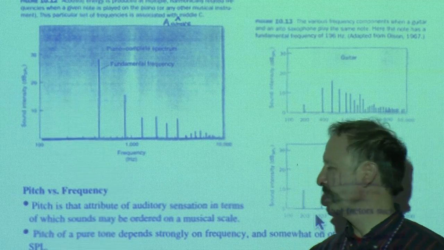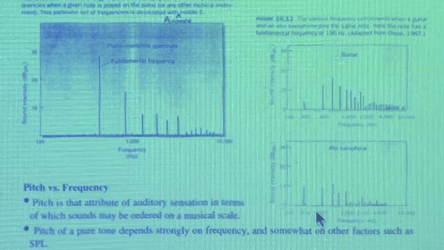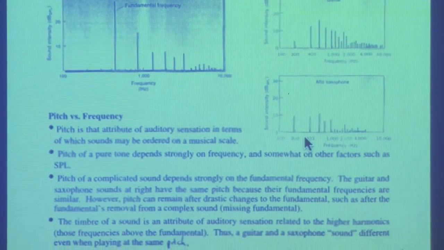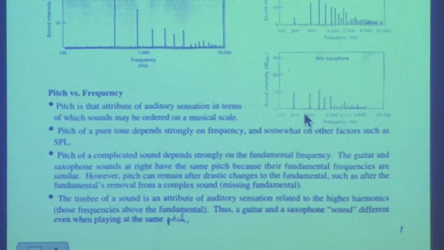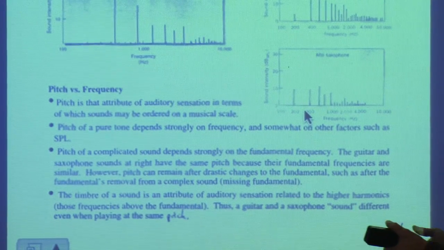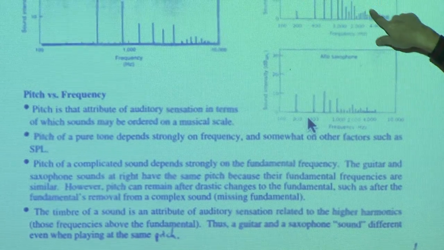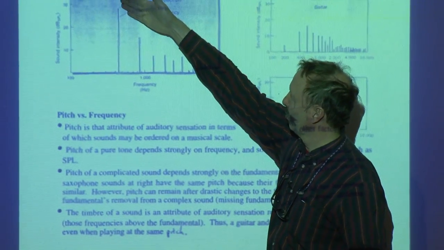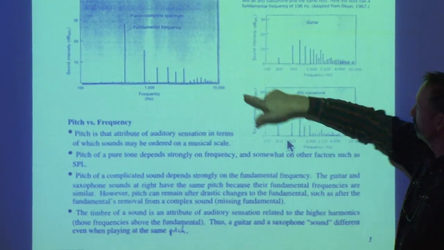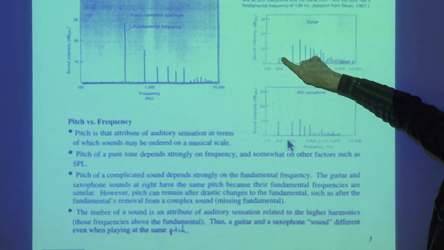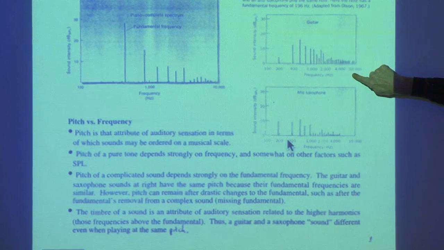Another sensation that musicians often talk about is the timbre of a sound. And the timbre is sort of the quality or the identification of a sound. And it relates to the highest harmonics here and the pattern of these harmonics. For the piano, it's starting big and sloping down. For a guitar, it's starting small, sloping up, and then sloping down.